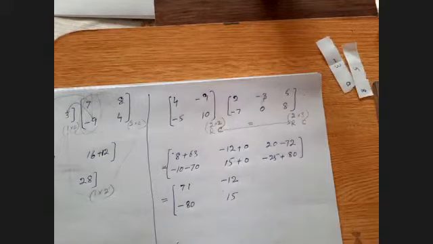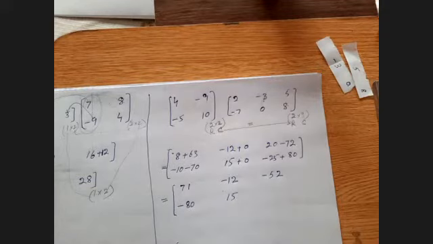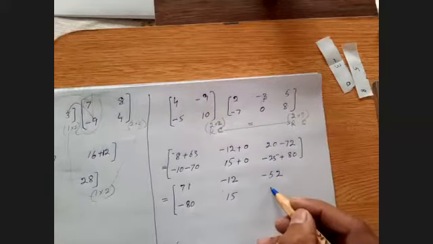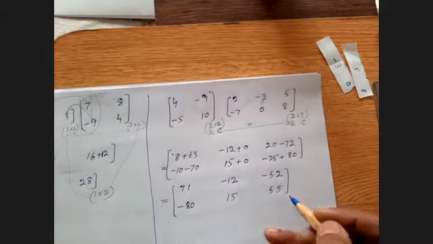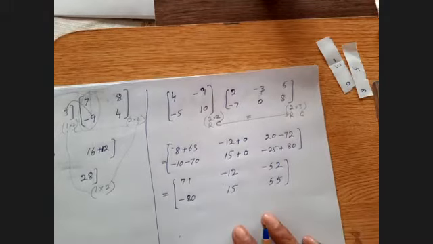In the same way, 80 and minus 25. What is 80 minus 25? Gives you 55. So this is the resulting matrix.